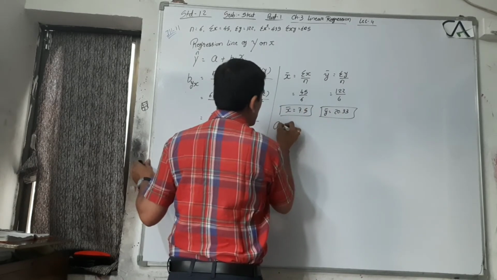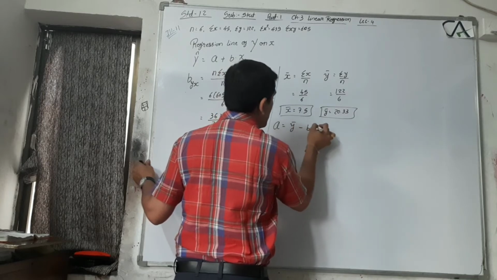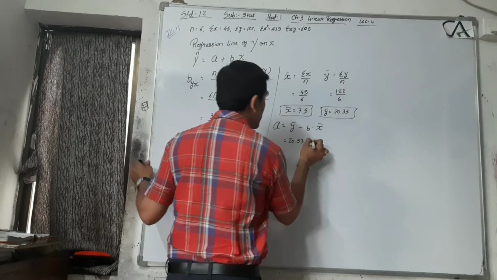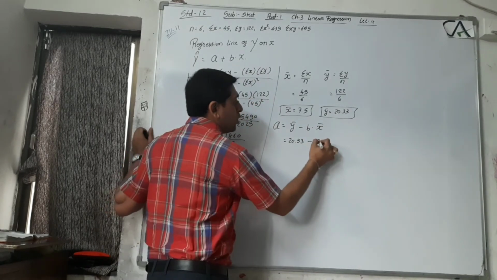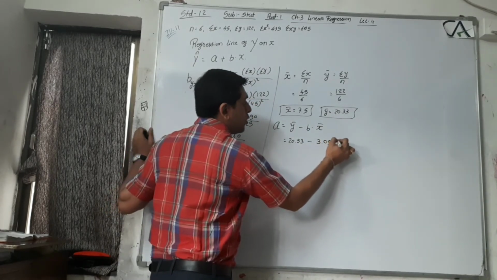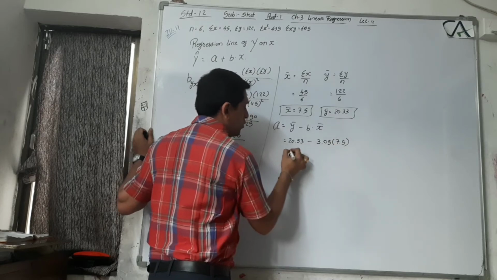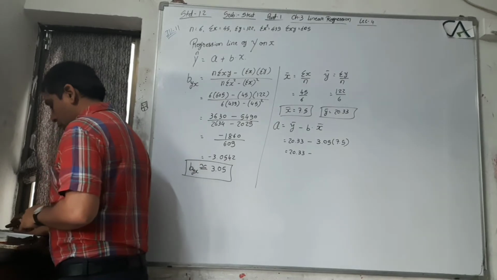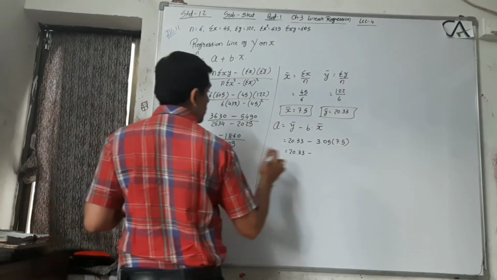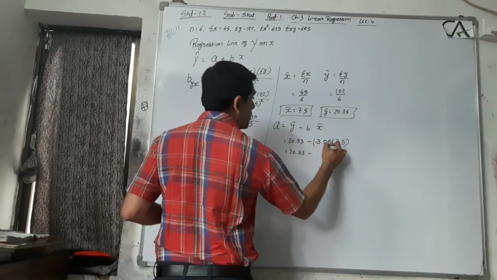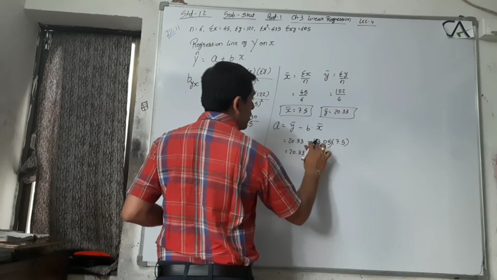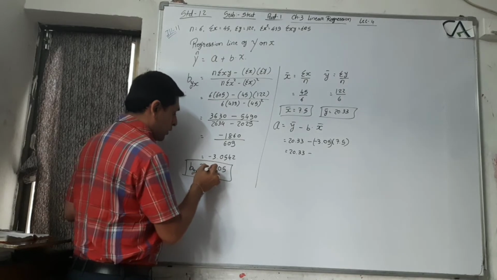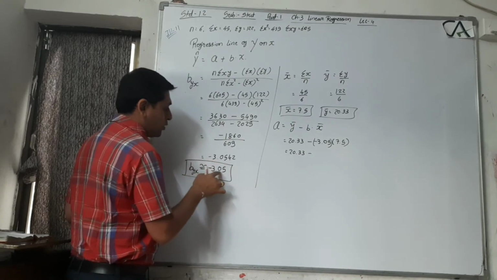So a is equal to y bar minus b x bar. Now put the value: 20.33 minus b, where b is equal to minus 3.05, into 7.5. So multiply it. Here we have to write minus, because here it is minus 3.05.